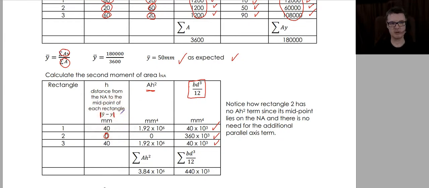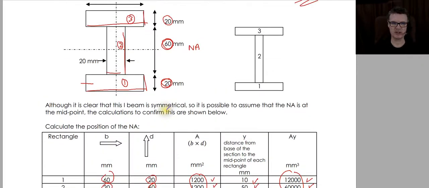So the next thing you want to look for is the distance away from this neutral axis here, which is at 50, back to the distances where the other centroids are.